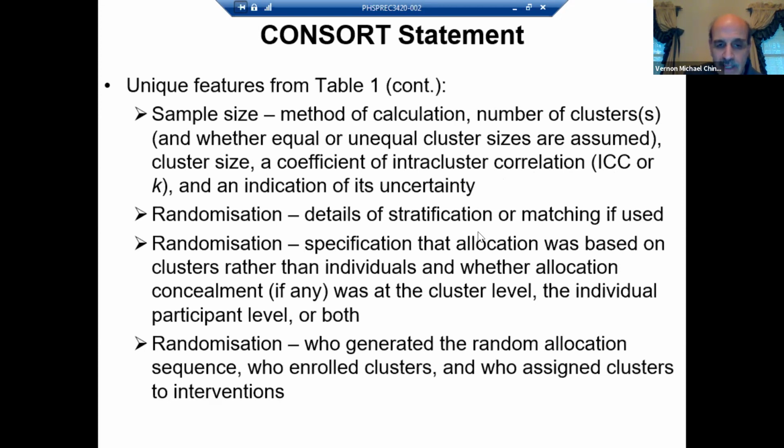Then how you performed randomization, specifying whether randomization was based on the clusters rather than individuals, how you managed concealment of the randomization up until the time of randomization, and other logistical information: who generated the random allocation sequence, who enrolled the clusters, et cetera.